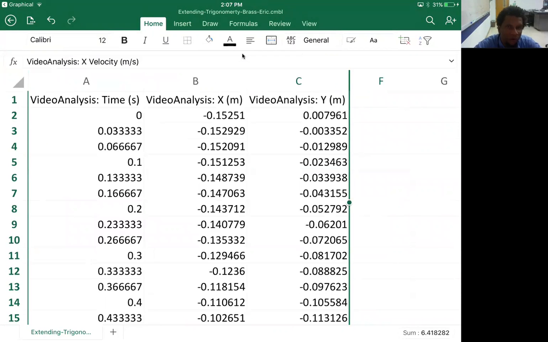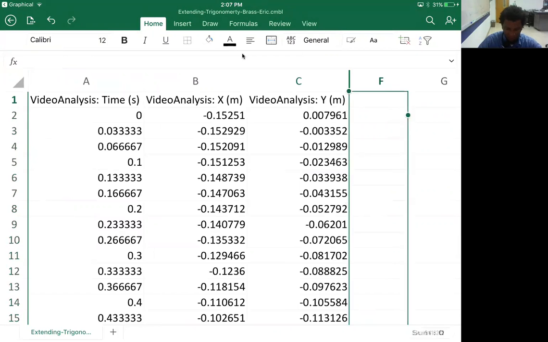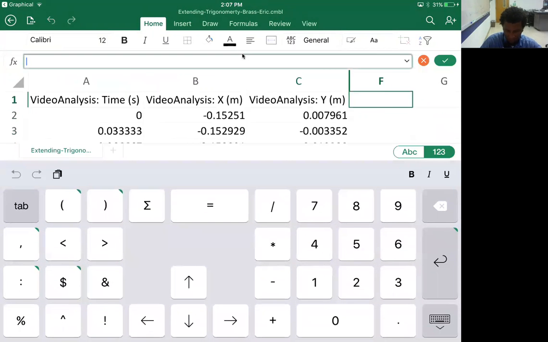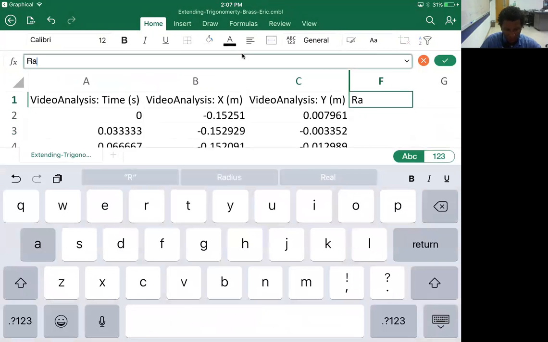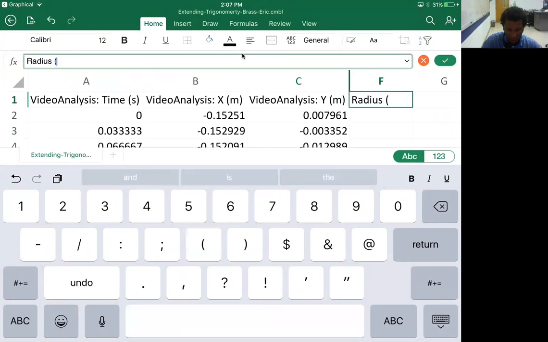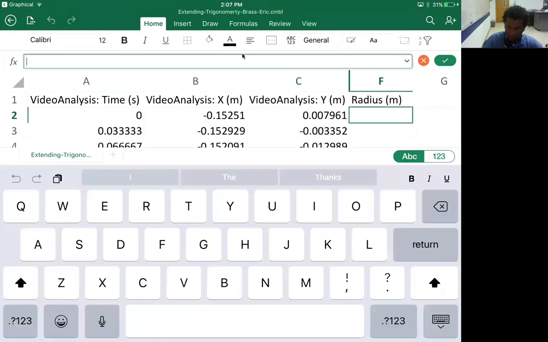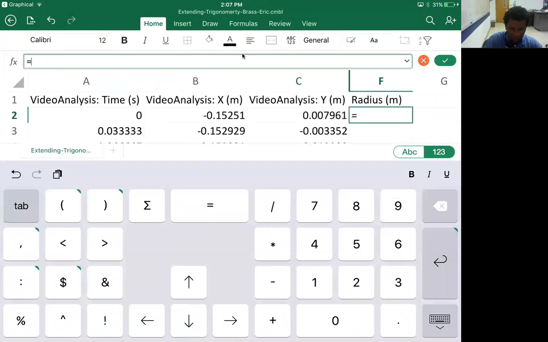Okay, so the very first thing that we want to do is find R. And R is the radius. And the radius is measured in what? Meters. So I'm just going to go ahead and type in here equals X. No, it's the square root.